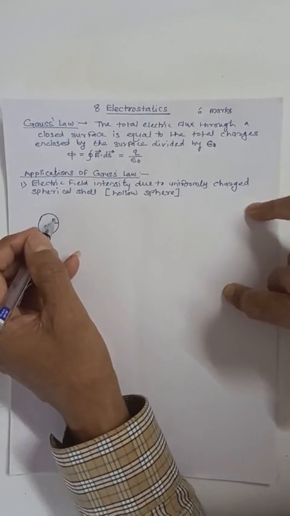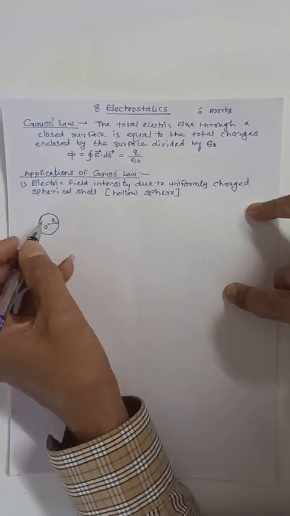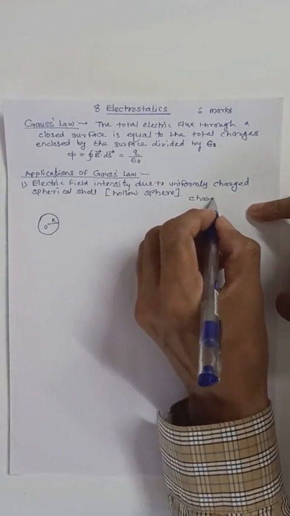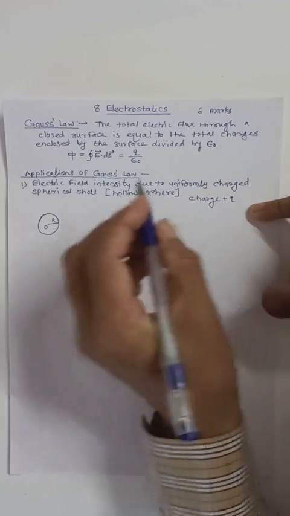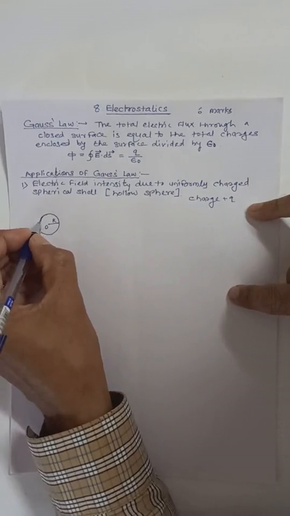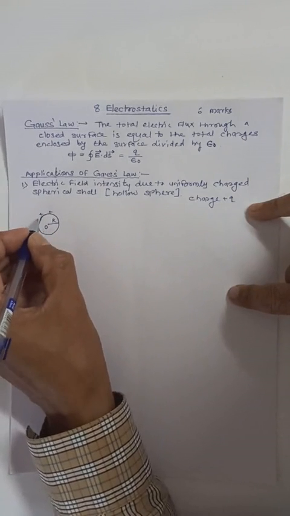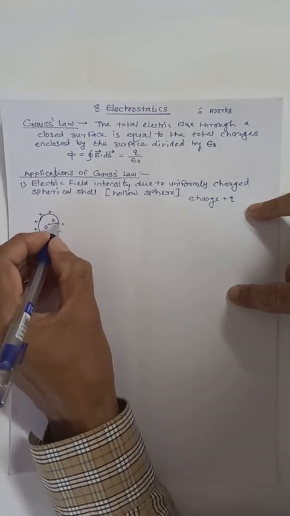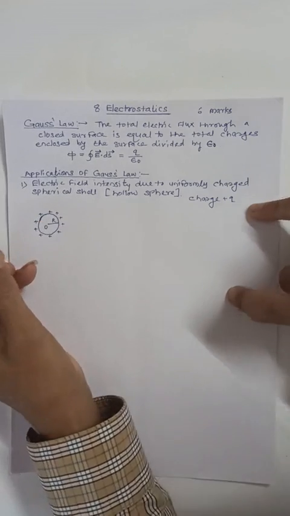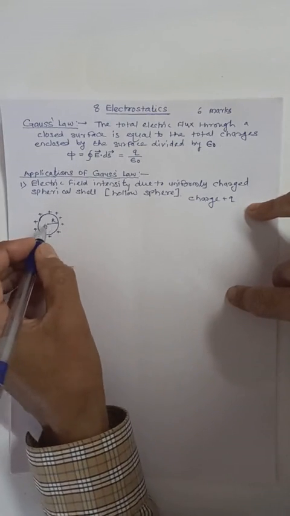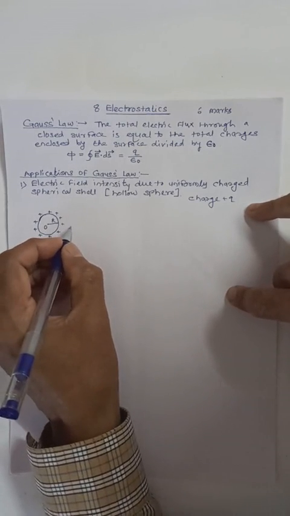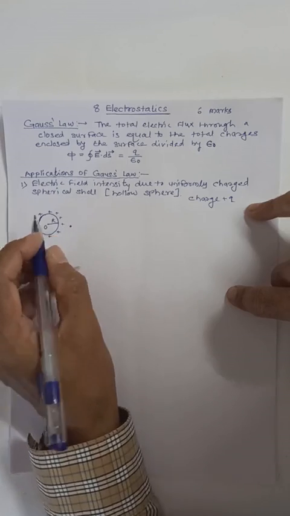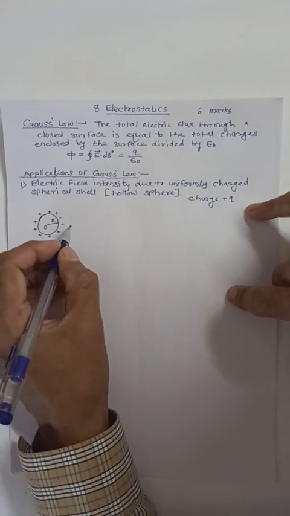Suppose this sphere is carrying a charge plus q, so that it will be charged uniformly like this. Now P is any point where the electric field intensity is to be measured.